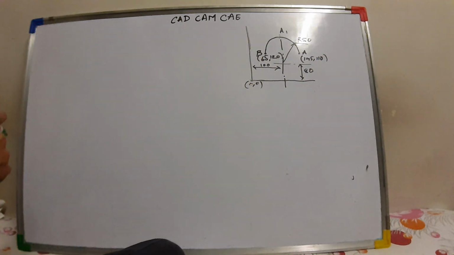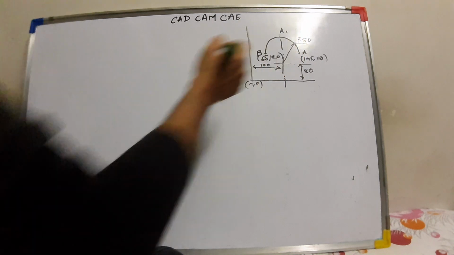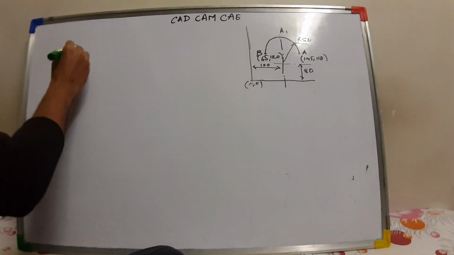Initially we have to make a cut of arc A dash and B. So here you can see what we have to do.